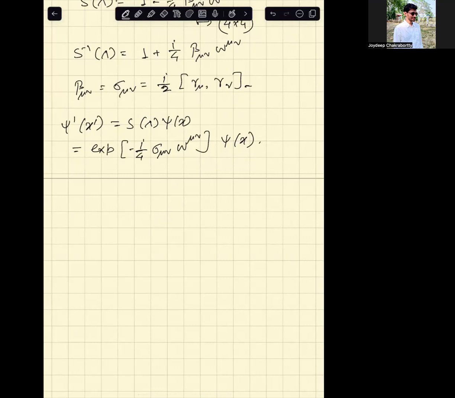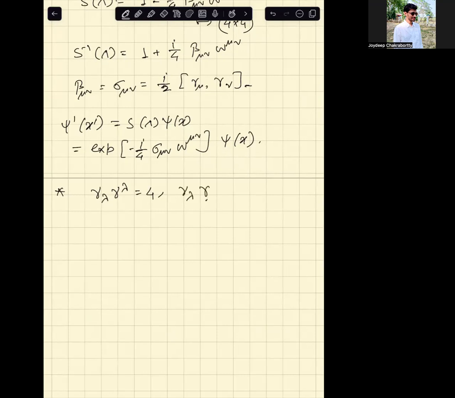So there are some properties that I've asked you to check and perform the algebra, because for the Feynman case, lots of algebra is involved. If you don't do it on your own, you don't get that feeling. So I would suggest doing these algebras. Gamma lambda gamma lambda, contracted, equals 4. Then gamma lambda gamma mu gamma lambda equals minus twice gamma mu.